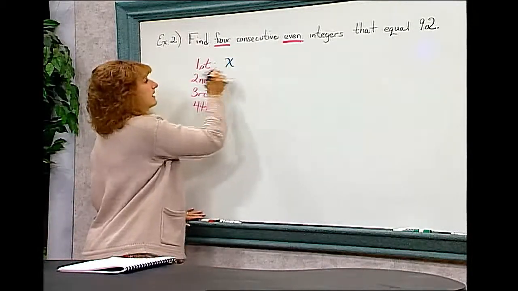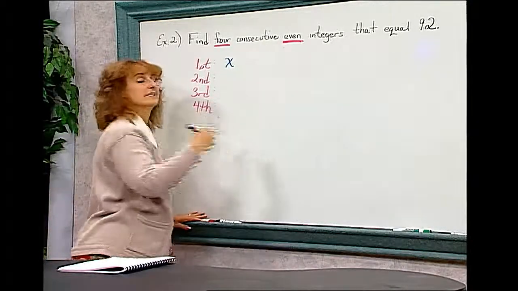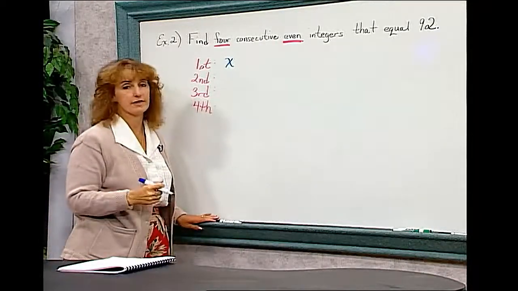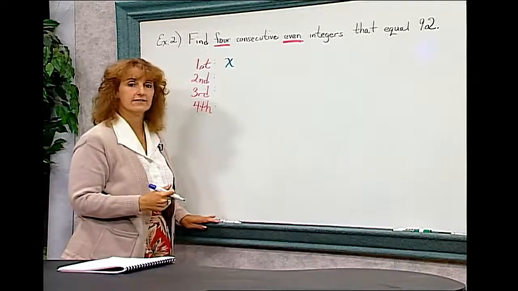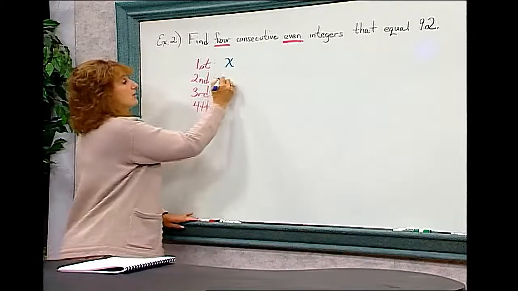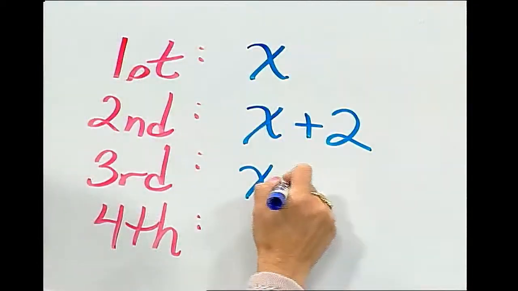The first one is x because we don't know where we're starting. But we're counting even numbers. And if you think in English, 2, 4, 6, 8, 10, even numbers differ by 2. So our even numbers in algebra must also differ by 2.